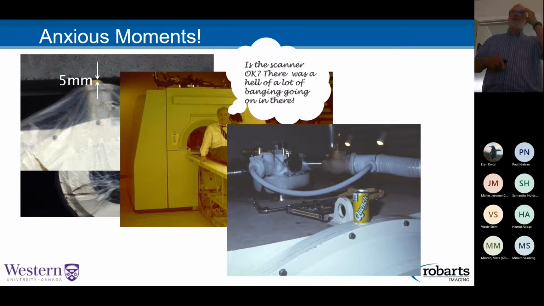So quench means when the very, very cold coolant in the magnet, which has got to be cooled to almost absolute zero, suddenly escapes. The magnet windings heat up and it no longer becomes superconducting, and so there's no magnetic field left.